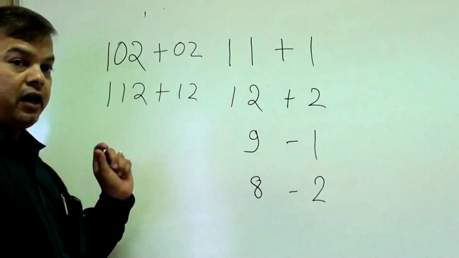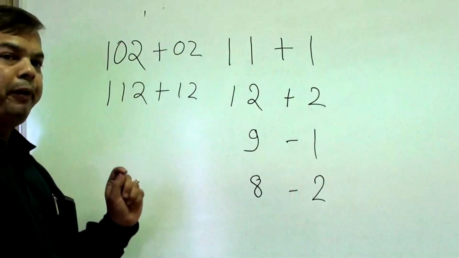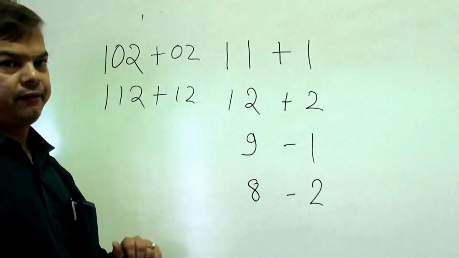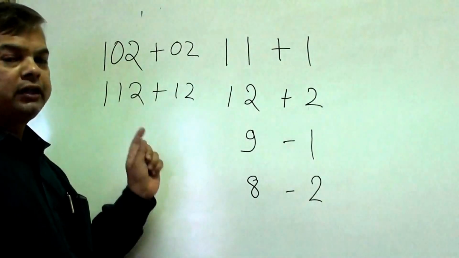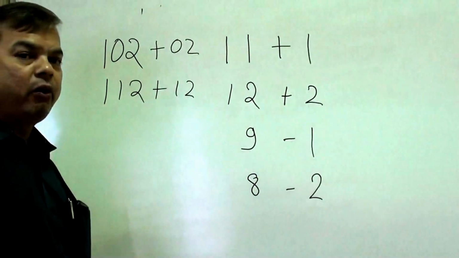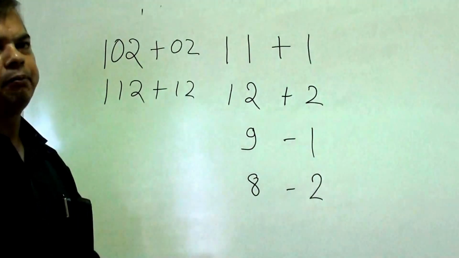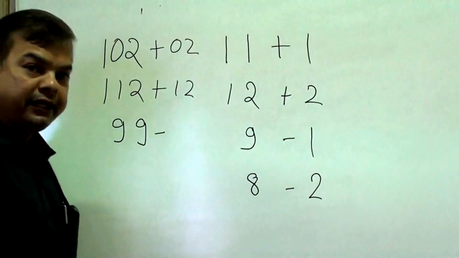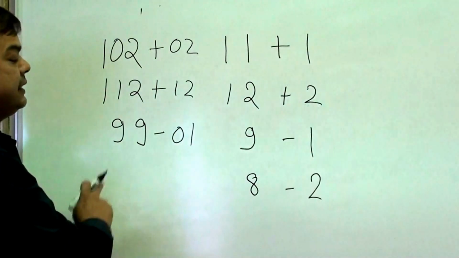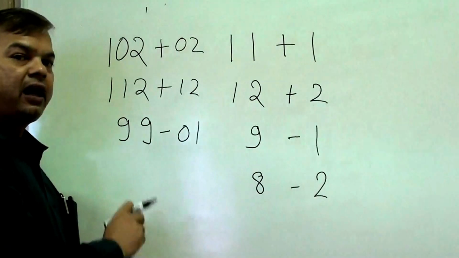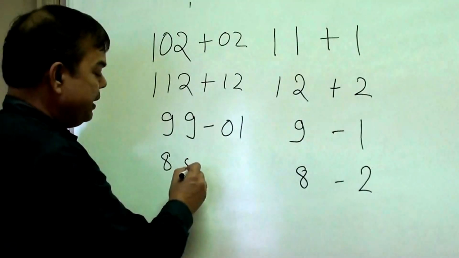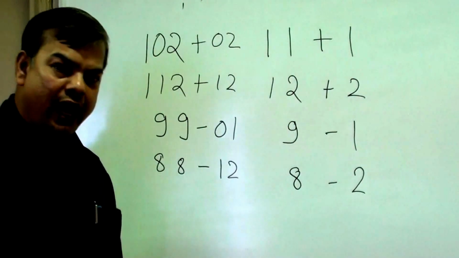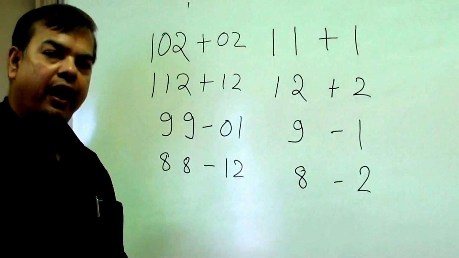In case of numbers which are close to base 100, we are writing 2 digits after the plus sign. So please remember this, because this is going to be useful when we are going to actually solve multiplication problems. Now 99 will be written as 99 minus 01. That is 99 is 1 less than 100. 88 will be written as 88 minus 12. That is 88 is 12 less than base 100.